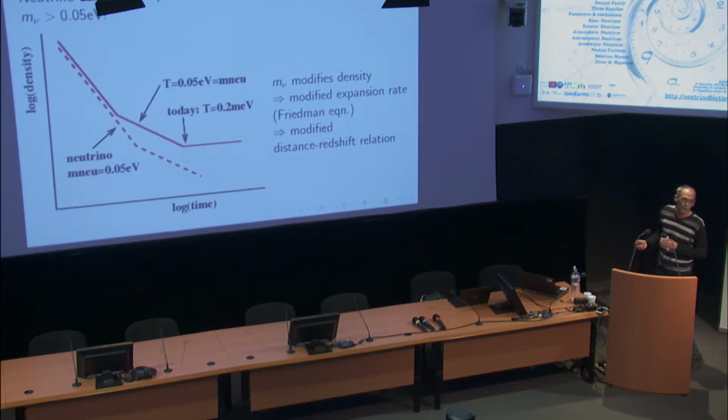Neutrino oscillation experiments tell us that there's at least one neutrino with m_nu greater than 0.05 electron volts. So now it changes the way the neutrinos contribute to the energy density, so it modifies the expansion rate through the equation.